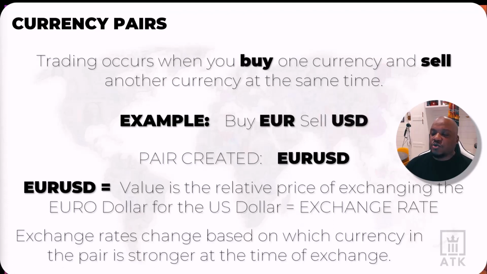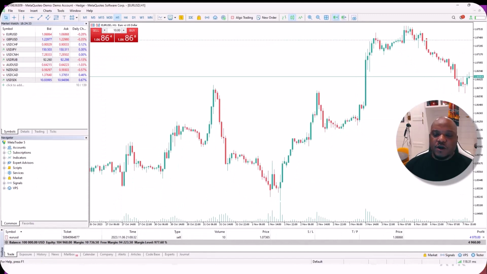The exchange rate changes based on which currency in the pair is stronger at the time of the exchange. And so right now, if I go back over to MT5, I can see that the euro is stronger than the United States dollar, in that it takes more United States dollars to buy 1 euro.